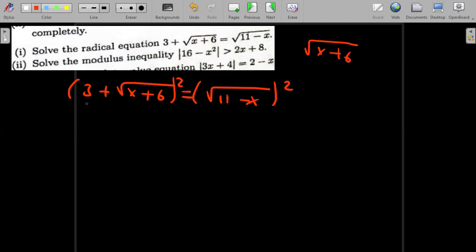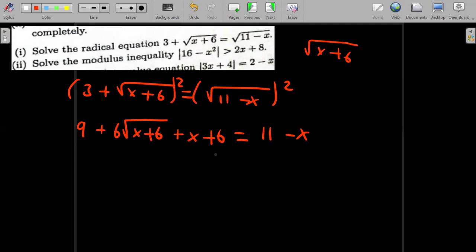So we expand this and you get 9 plus 6 root of x plus 6, then when this root multiplies with itself you have plus x plus 6. On the other side, you have 11 minus x.